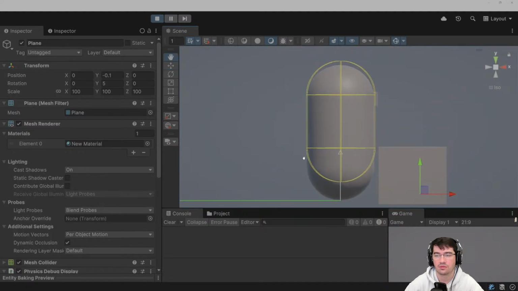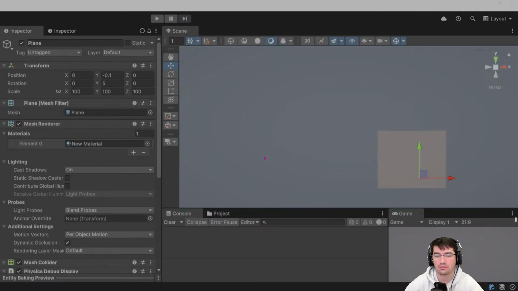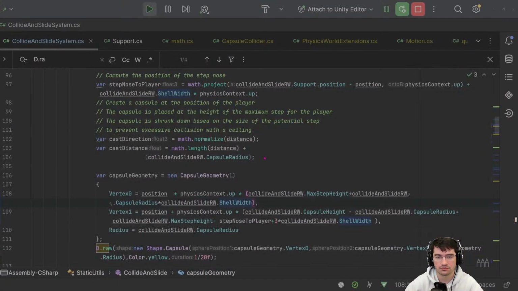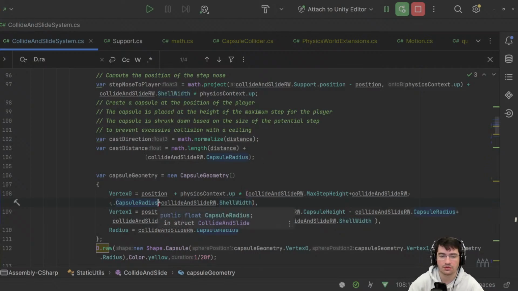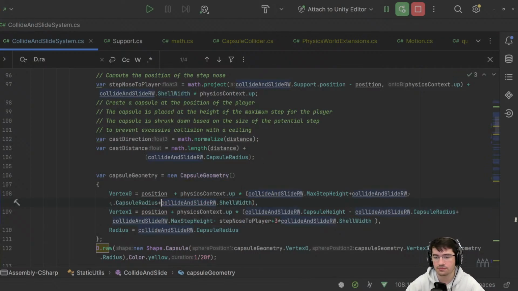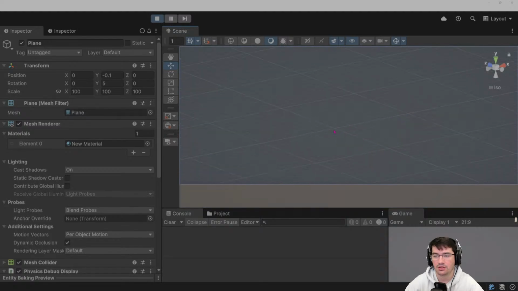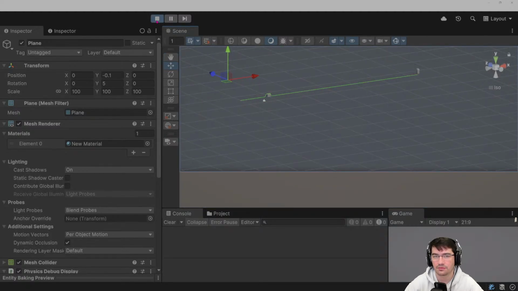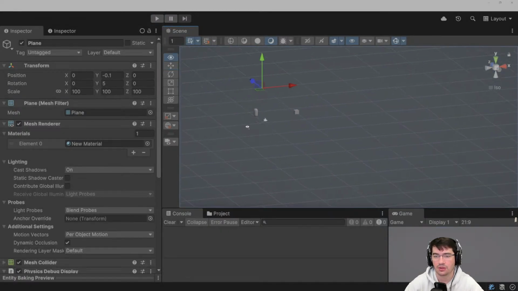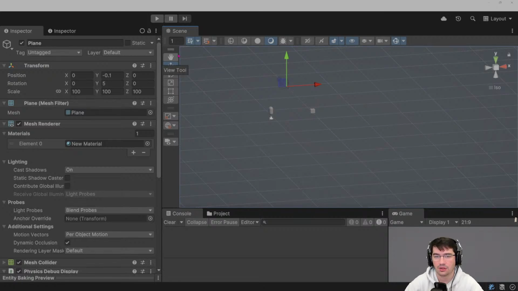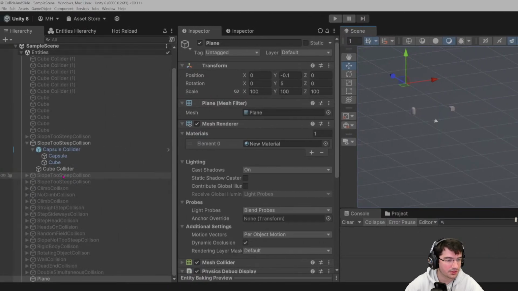Oof. Not the width. Yes, plus. Yes. Okay. So this is back to working.